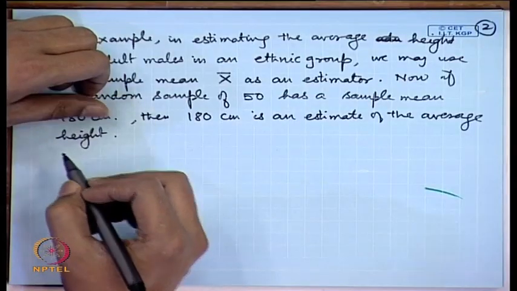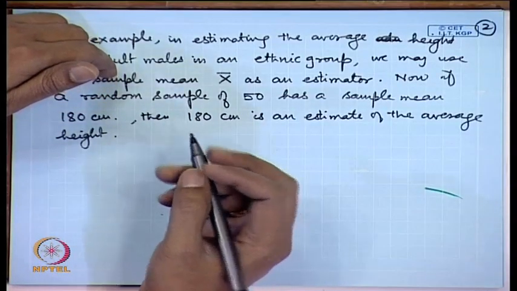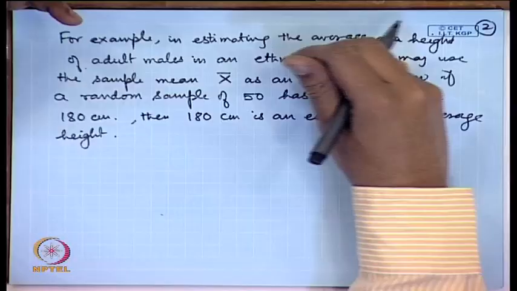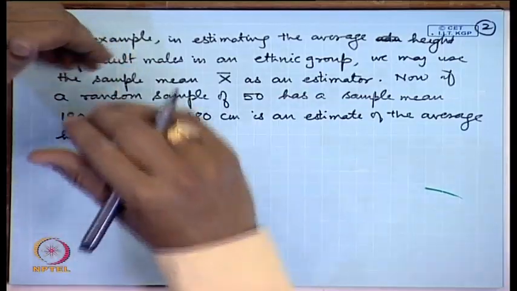So, we are talking about parameter repeatedly. Now, this parameter of a population, for example, when we say average height of adult males, this parameter theta is the parameter of the corresponding population of the heights. Now, that population is described by certain distribution, it could be a gamma distribution, it could be a normal distribution. So, this parameter lies in a certain range, that range is called a parameter space. So, in a given problem we have to be careful that our estimator should take values in the given parameter space.